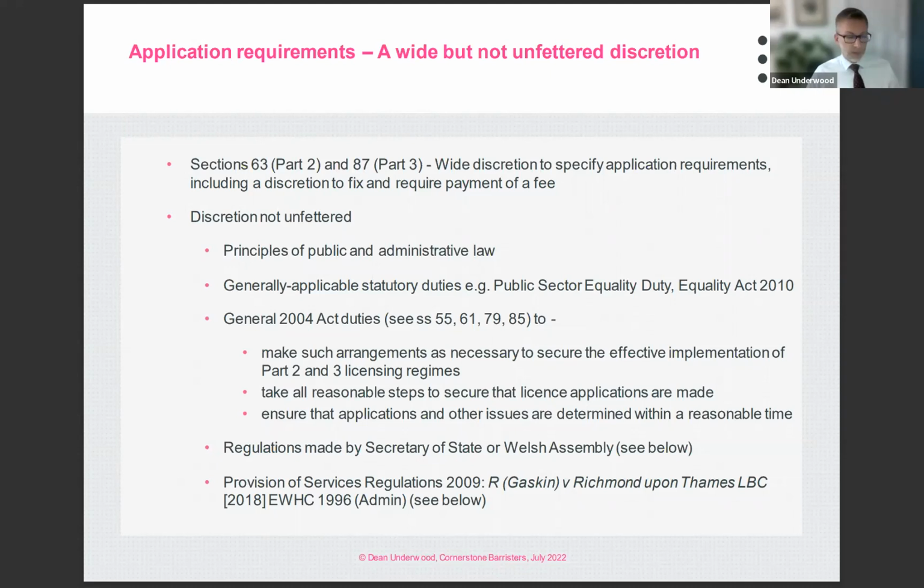And of course, disability and age are just two of a number of protected characteristics under the Act.